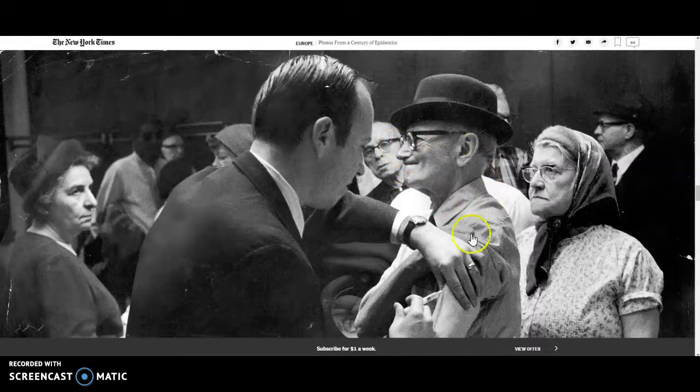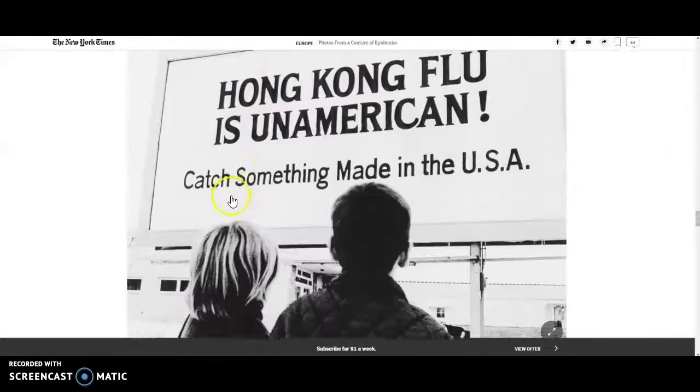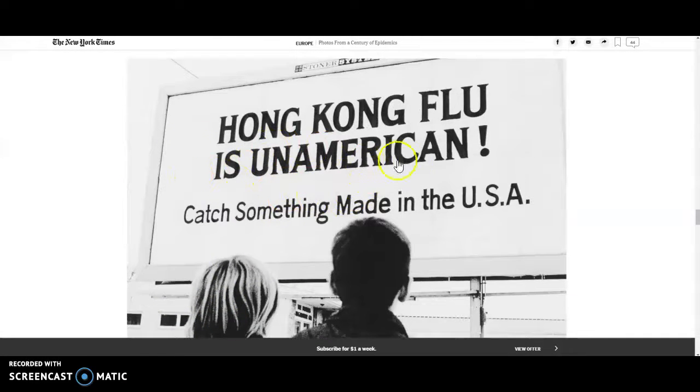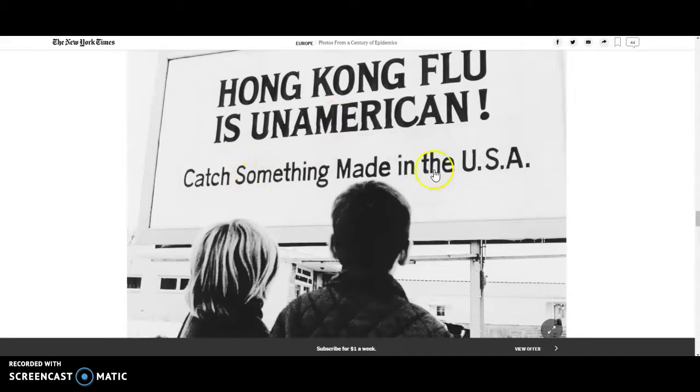But he talked about standing in line, holding my mom, who was 8 at this time, and my aunt, who was like 3. And they were standing in line waiting to get their shots with my grandmother, and he remembers that, and he knows he needs to stay away from people. Hong Kong flu is un-American. Ooh, catch that. That sounds almost kind of racist.